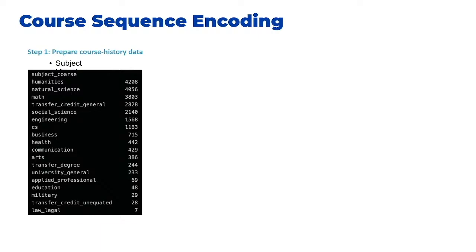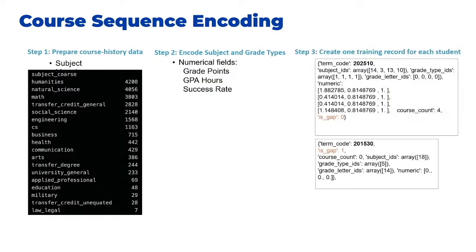We started the sequence modeling by preparing the course history data. I had over 90 different subjects, and I grouped them into subgroups, which helped to reduce the size of the course subject. And then using encoding, those subjects were mapped to numbers.